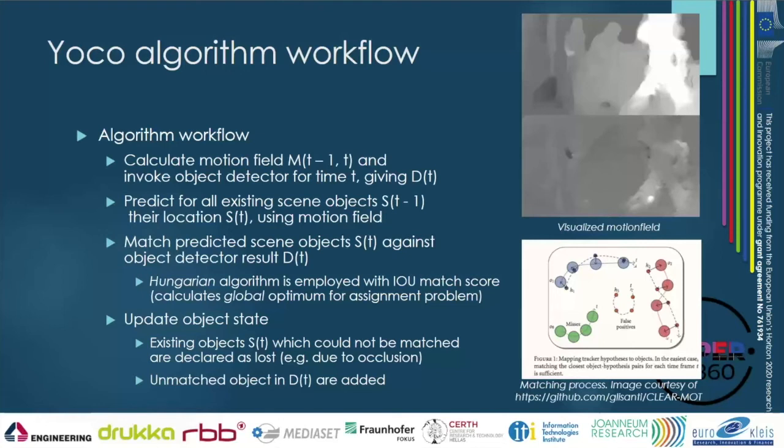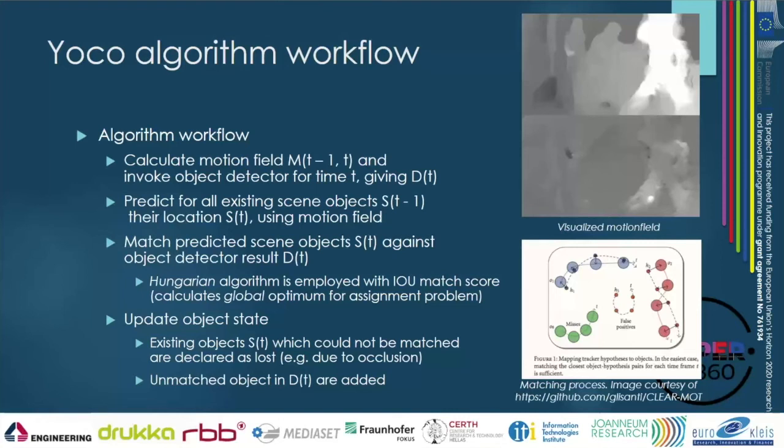Then we are predicting for all the scene objects we have in the current image, their location in the next image. So we are tracking them, and for that we are using the calculated motion field. You can see the motion field visualized in the upper right part of this slide.